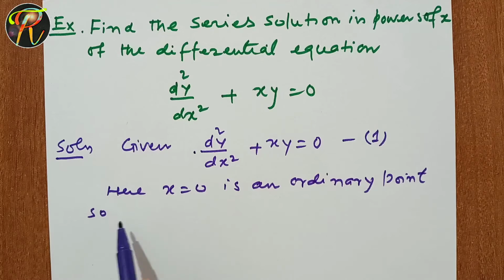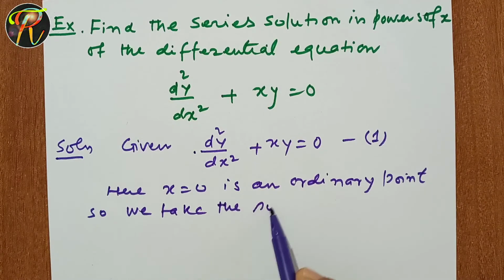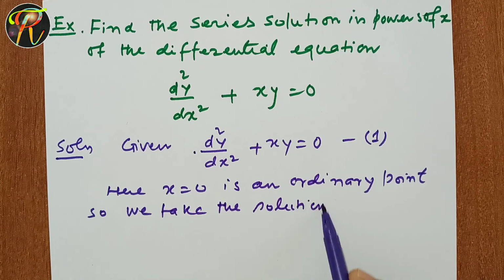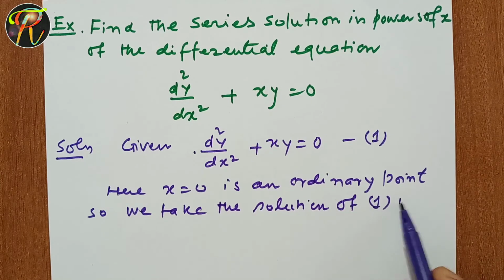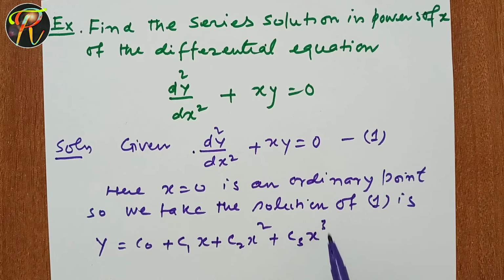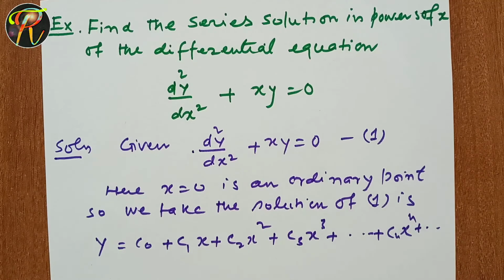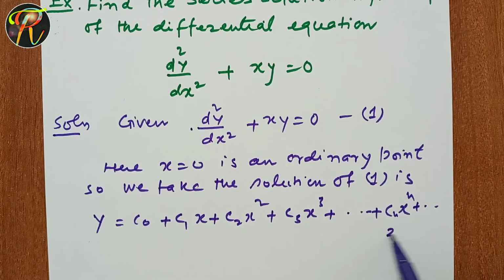So we take the solution of the given equation 1 as y equal to c0 plus c1x plus c2x square plus c3x cube plus so on, plus cn xn, which is a series of the type summation cn xn, n equal to 0 to infinity.